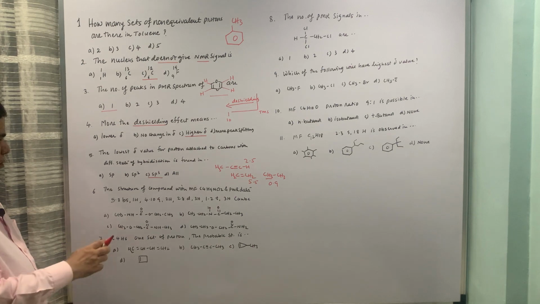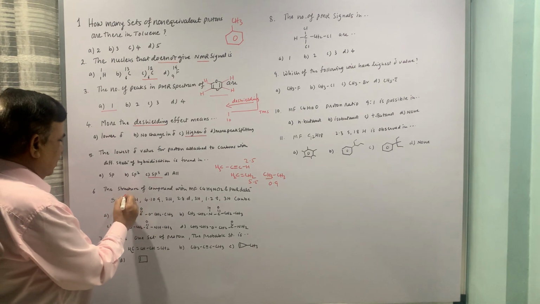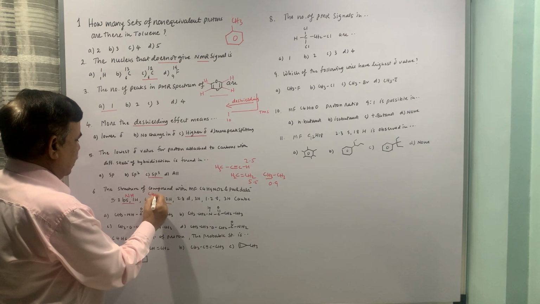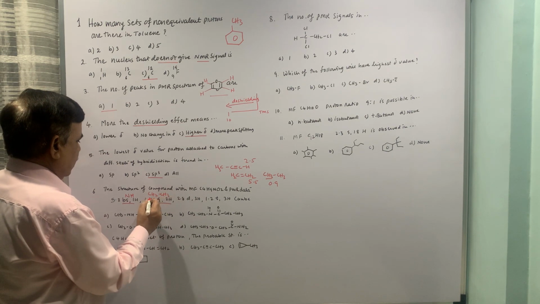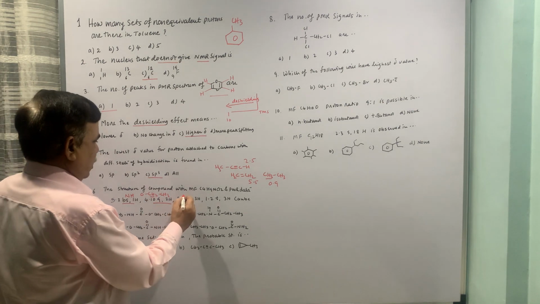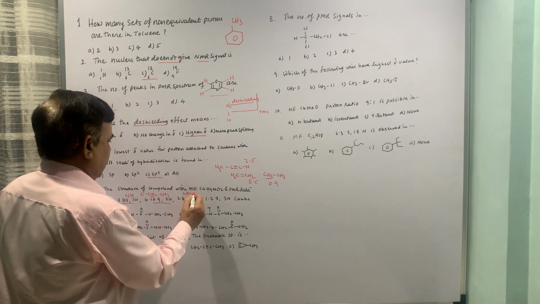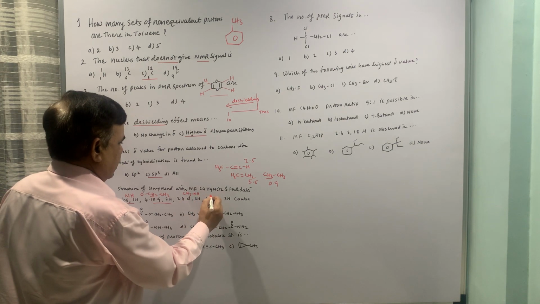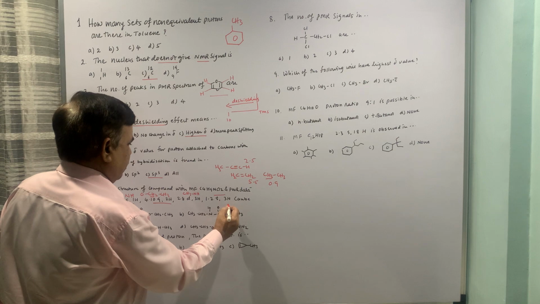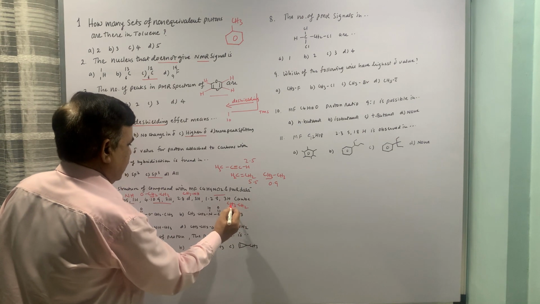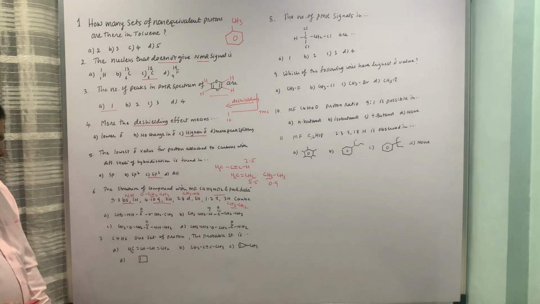So, broad singlet, this is NH; quartet, 2 protons, that is CH2 attached to CH3 and also attached to oxygen. This is CH3, probably having NH as a neighbor, and this is CH3 with CH2 as a neighbor because it is showing a triplet.